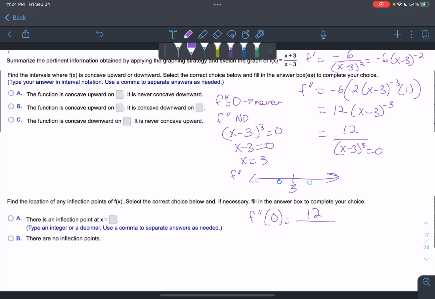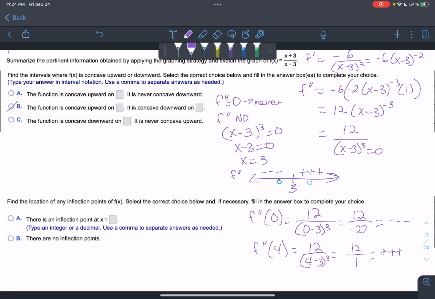So just be careful you're putting it into the right function. And so we get 12 over negative 27. So it's going to be a negative number. Negative. And then f double prime of 4 is 12 over 4 minus 3 quantity cubed, which is 12 over positive, which a positive divided by a positive will give me a positive.